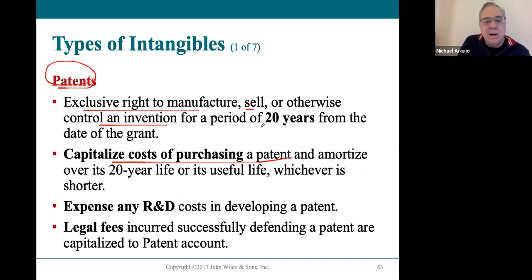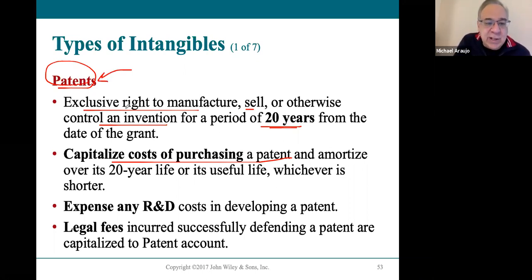Patents are usually good for 20 years, although some of them can be extended, some of them can't. Which one can't be extended is medicine. We're in a period of time where there's a lot of companies producing vaccines, right? But any medicine that's produced becomes patented, which means that particular company is the owner of that, no one else.